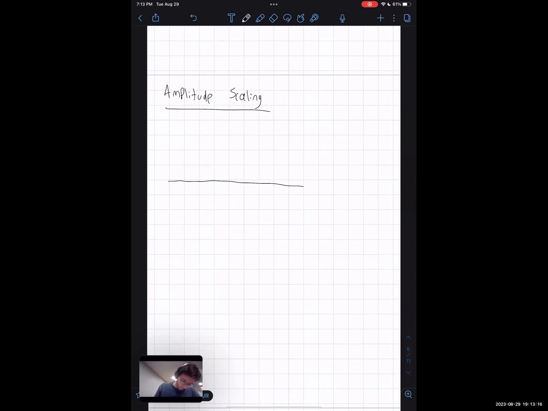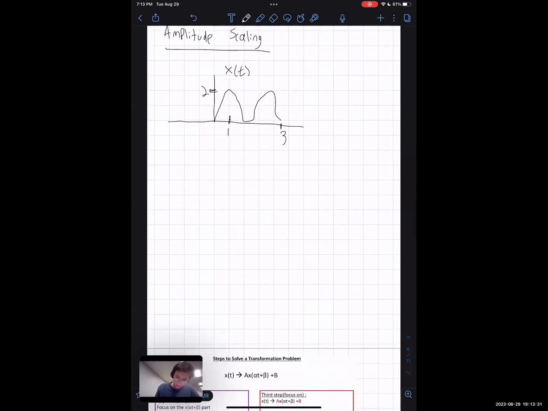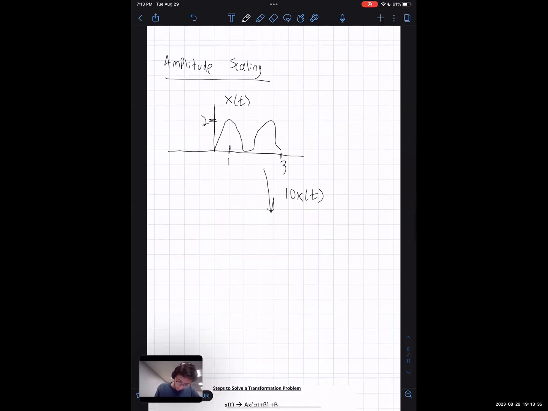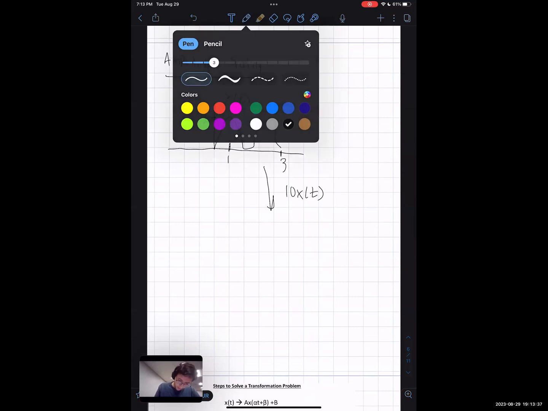So if we want to use that same example, or a similar example, I suppose, and this is 2, and we'll call this x of t. We're going to see that 10x of t, so now this 10 here is on the outside.